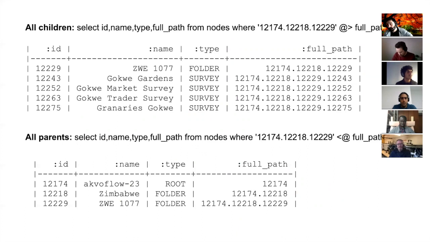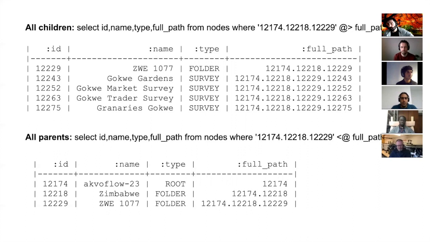As an example, on the top you have a query where you can say, give me all the children for this particular path on the tree. And if you look at the path, you will see that you have the ID, the parent ID, dot, the next ID, dot, the ID of the node, and it makes everything very simple.